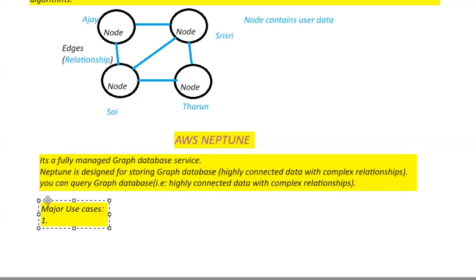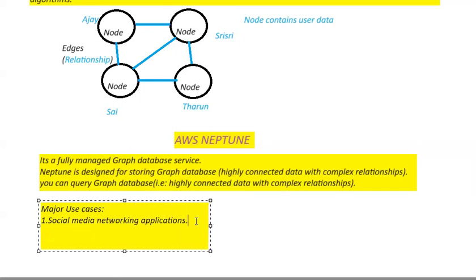Let's see some major use cases. You can use this database for social media networking applications. There it will provide you recommendations of users, and also recommendations of content.